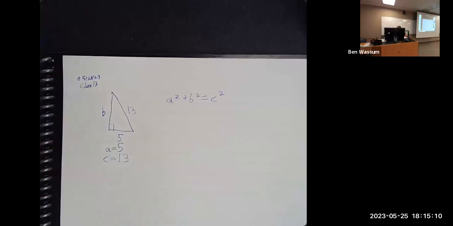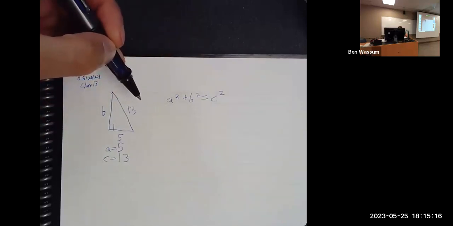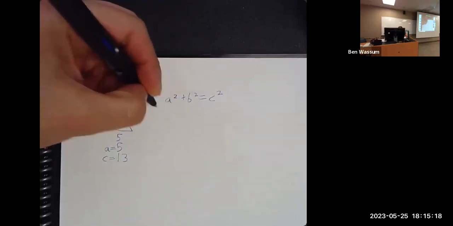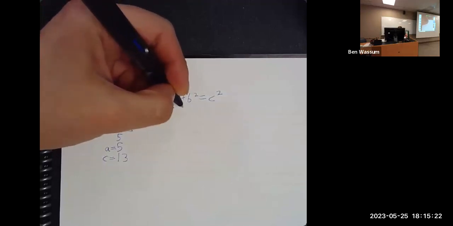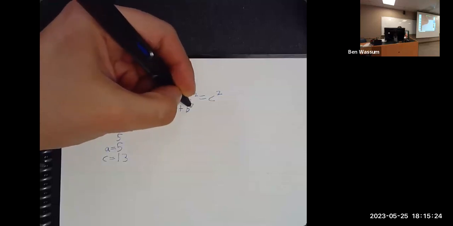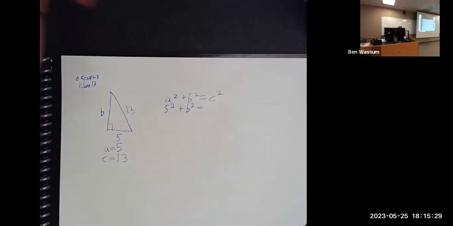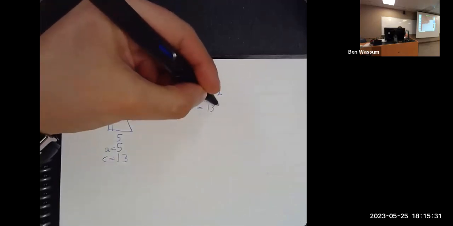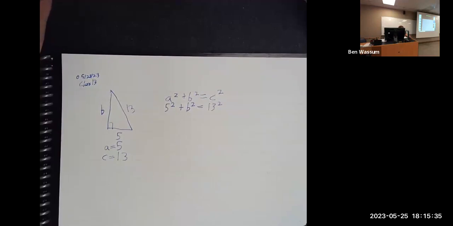Then the only thing we're missing is the b. Since that's 2 out of 3 of these variables, that means we could solve for it. So I'm going to substitute in 5 for the a. We don't know what b is. And then c is 13. So we have 5 squared plus b squared is equal to 13 squared.